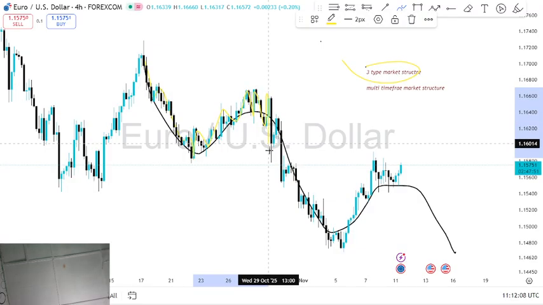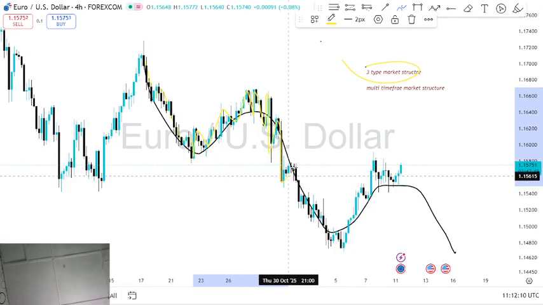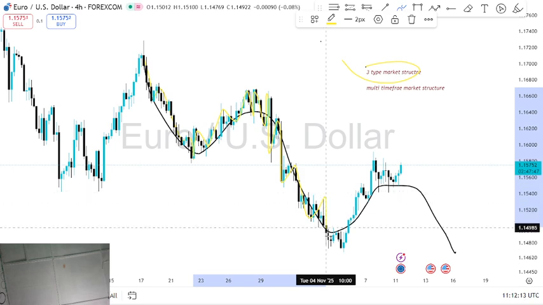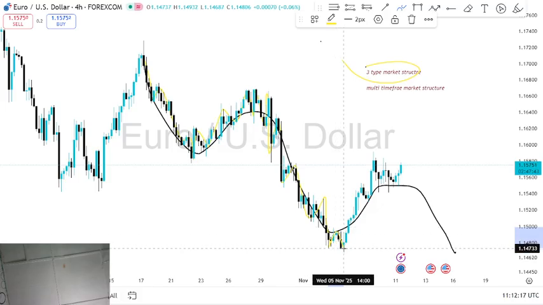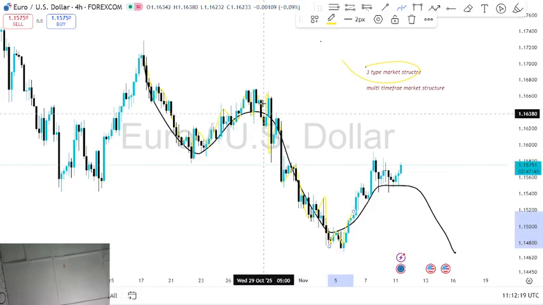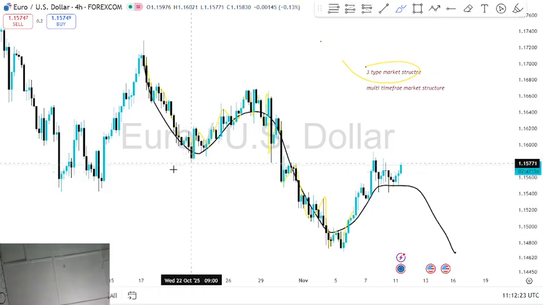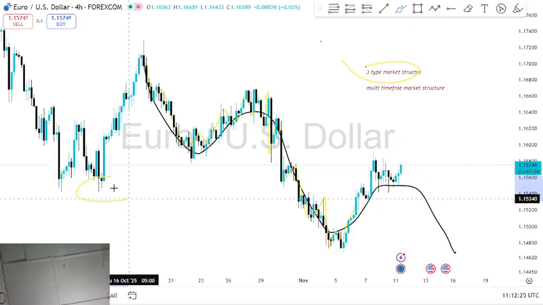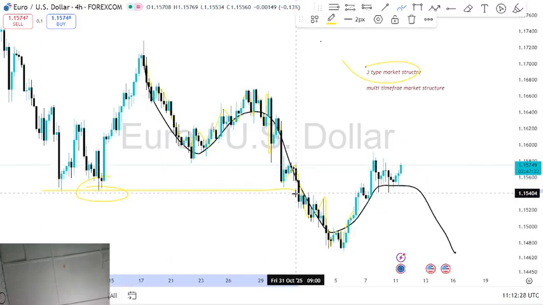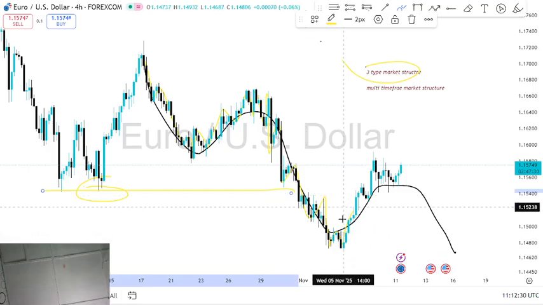And price continued the move to the downside until price decided to switch bullish, which means after a break of this swing structure, we are expecting what? A pullback.